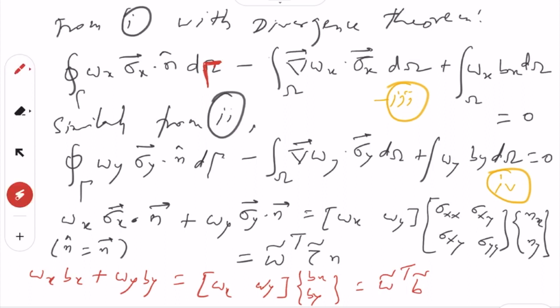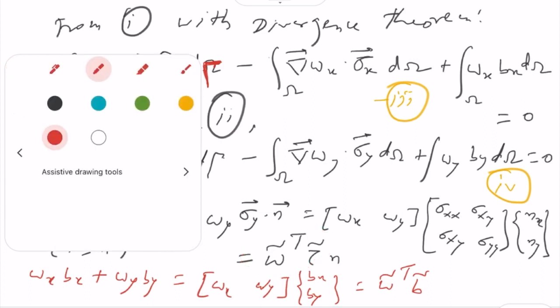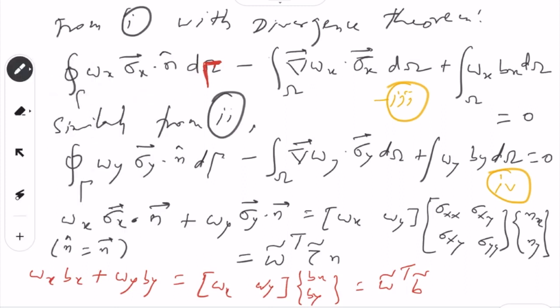So if we combine this and this, we can write simply like this. One thing we forgot here, there will be a tilde here as well. So we got this and this covered.